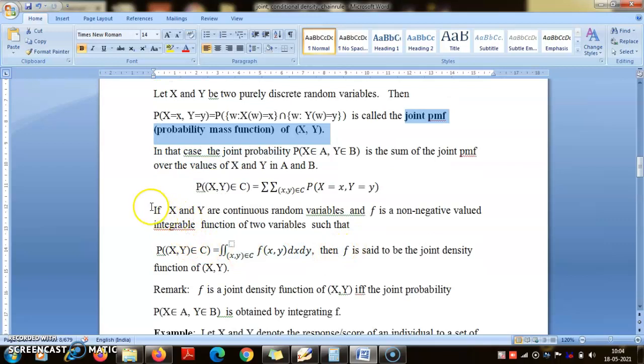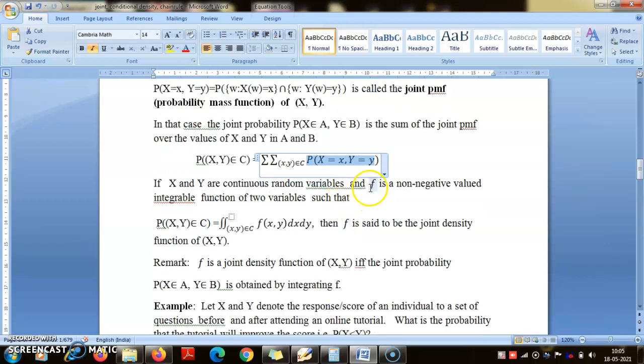Now if X and Y are continuous random variables, remember, for a continuous random variable the probability that X equals x is 0. So these probabilities will all be 0, and we cannot find probabilities in that way.